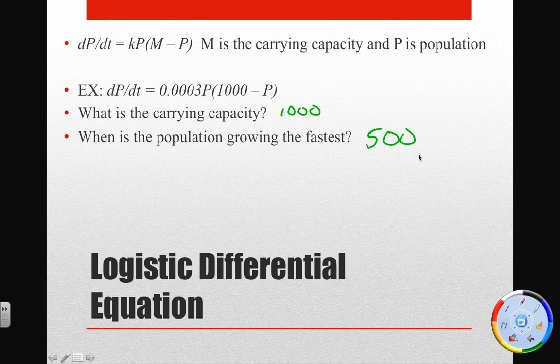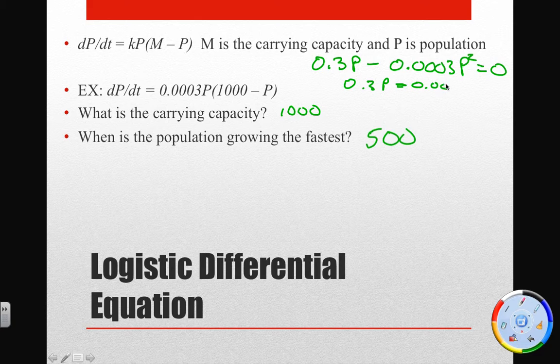Those are the easy questions, and you can verify this for yourself if you were to take the derivative of this function. So you'd get 0.3P minus 0.0003P squared equals 0, and the derivative is 0.3 minus 0.0006P equals 0.